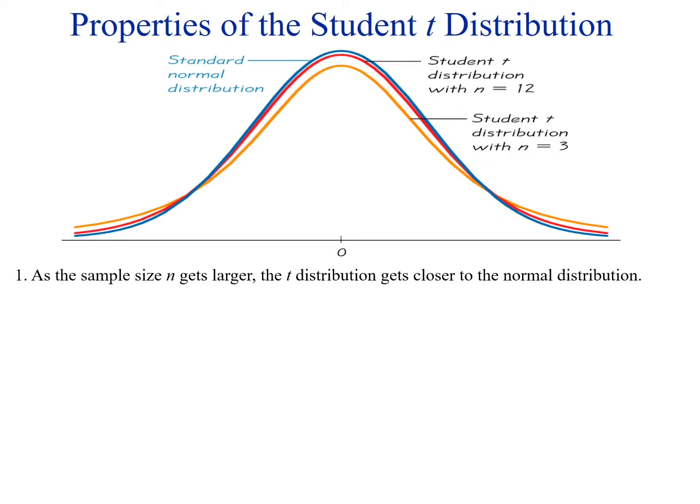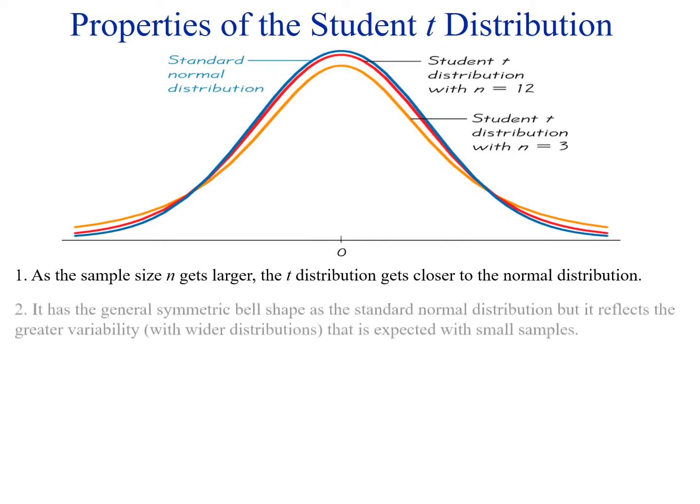So if you look at the yellow line, that's a t distribution of size 3. So the sample size is 3. But if you look at the red dash, n is now 12, and you can notice that it's getting closer and closer to a standard normal distribution. So the larger the n, the closer to a standard normal distribution that a t distribution gets.